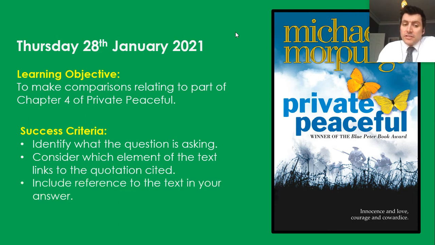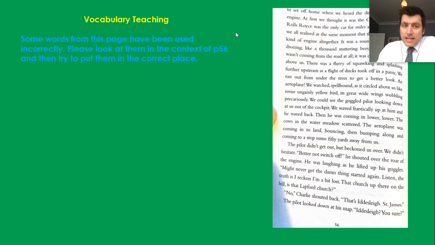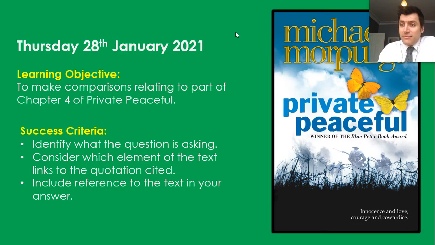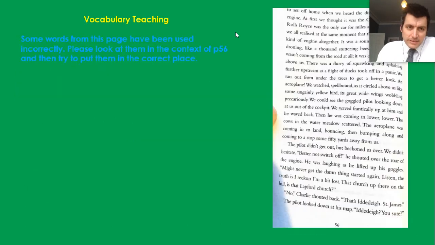We'll need to include reference to the text in our answer. And as I've said many times before, it doesn't always need to be a direct quotation. As long as you show me you understand some key information, numbers, dates relating to the text, that's fine. I just need to see clear evidence that you are identifying things based on the text, not just what you reckon, what you think.